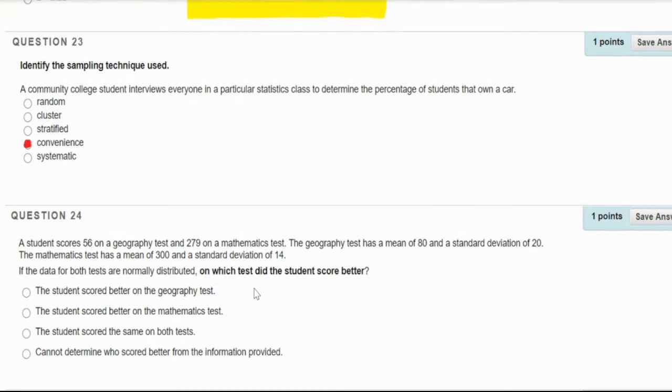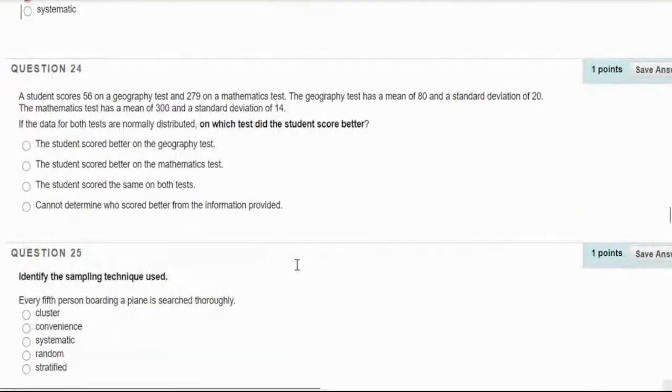Okay, so when we get to 24, it looks like the student scores this on geography and then this on math. So it looks like a Z-score kind of question. Let me put the information here. Let's say geo and then math.